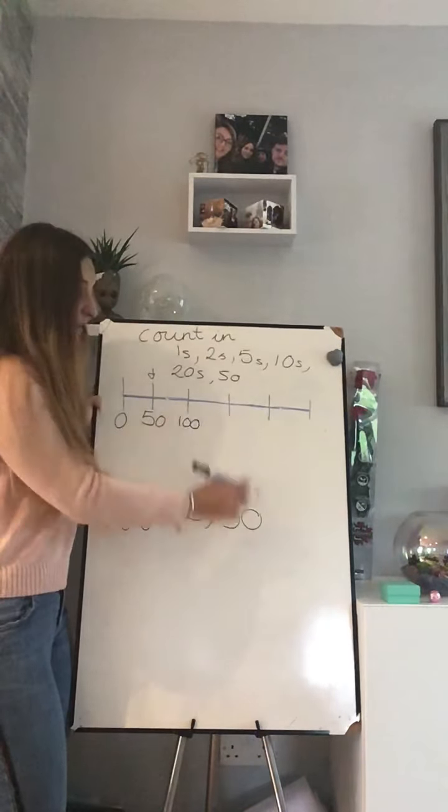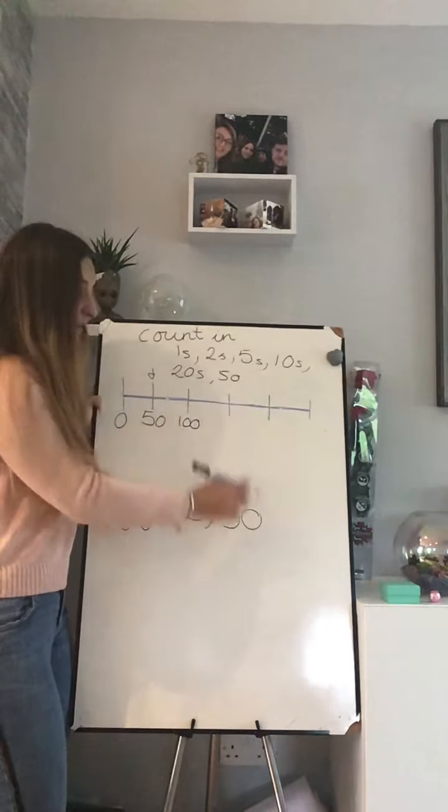My next one will be 200. And the last one, if it has been 0, 50, 100, 150, 200, 250. Well done. So sometimes you can even see on your scales that they are counting even in 50s.